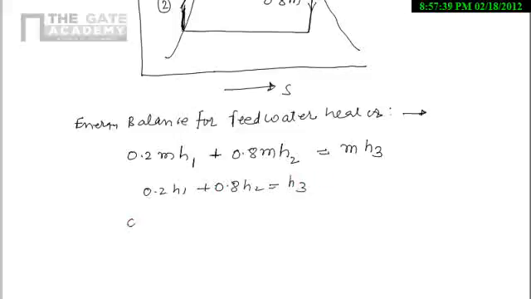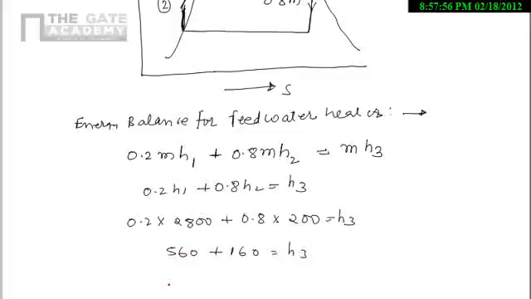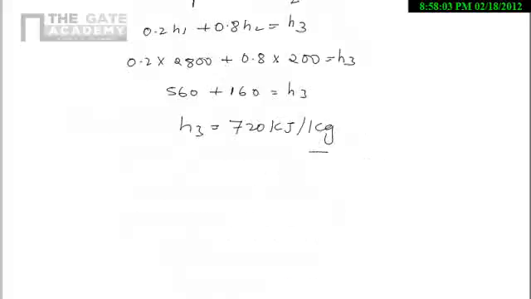So 0.2 times 2800, plus 0.8 times 200, equals H3. So 560 plus 160 equals H3. So H3 comes to 720 kilojoule per kg. So the correct answer, the enthalpy at state 3, is 720 kilojoule per kg.